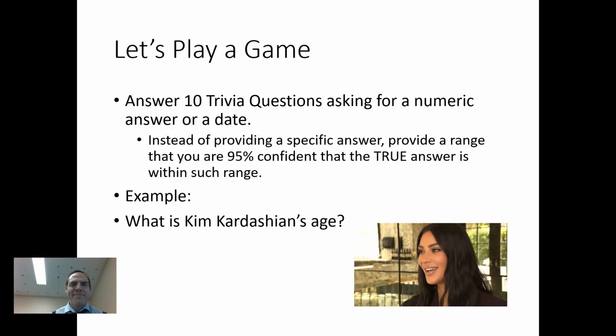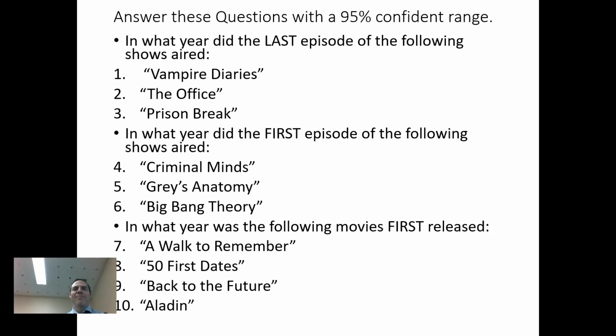All right, take out a sheet of paper. These are your 10 questions. For each of these questions: in what year did the last episode of the following shows air? Give me a range of dates that you're 95% confident you're going to be right.